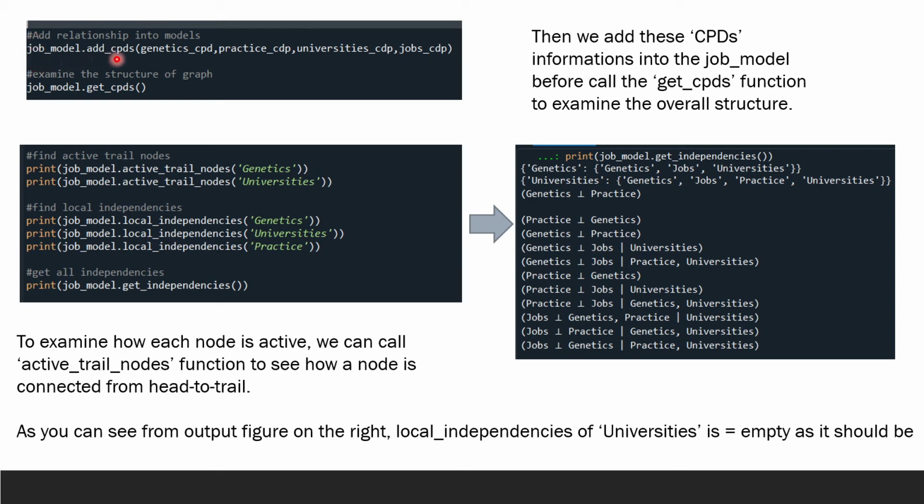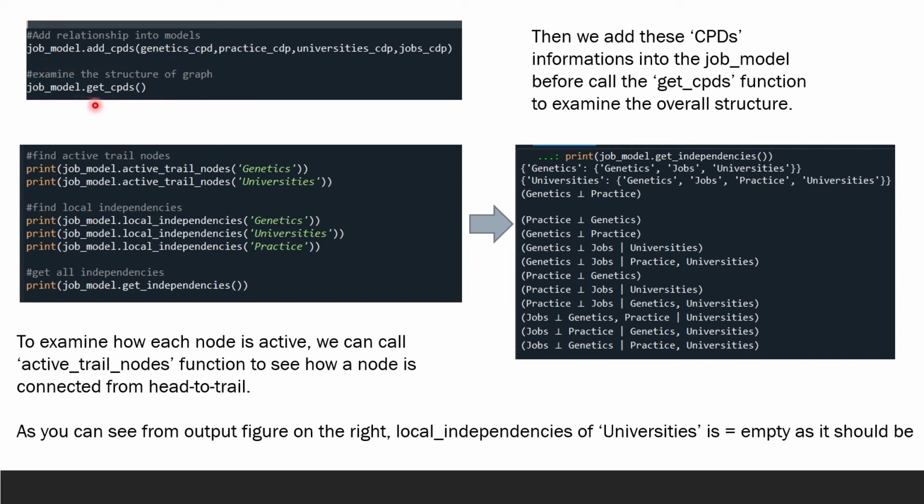So we will call the function add underscore CPDs, and we will assign all the values that we just defined in the previous page here to get the program to know which parameter, which variable we will use for this network, and they will examine the structure of the graph.